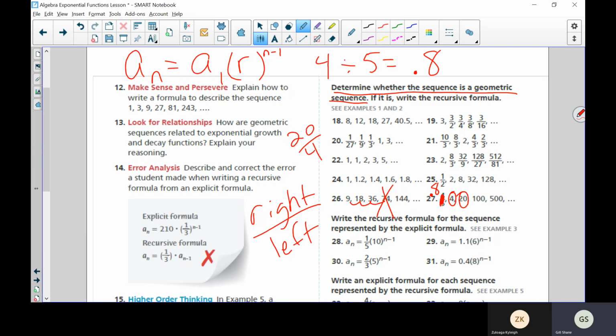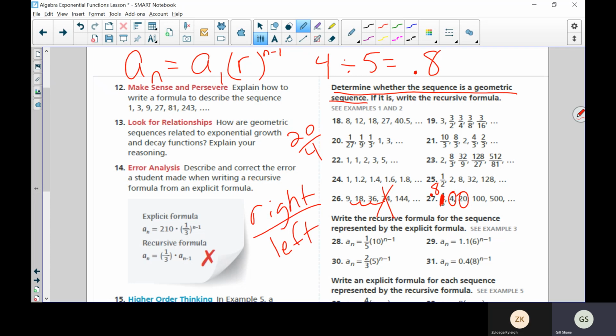If I don't give you a term, like the 8th term, or the 10th term, or the 11th term, you just have to leave n as n. If I haven't given you a term, you don't know which number you're trying to find yet, so you just leave n as n. If I give you a specific term, that's when you replace n with that number.